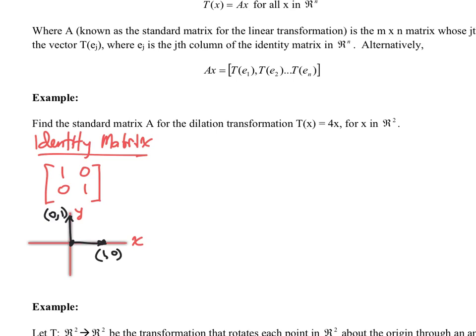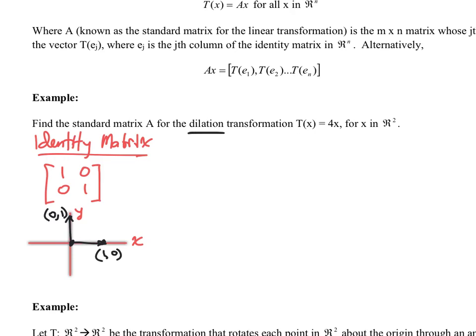So what we're going to do when we're doing a dilation transformation, for example, is we're just going to determine where these unit vectors will end up after that transformation. And that's going to be the standard matrix, so that it would allow me to transform any vector using that information, using matrix multiplication.